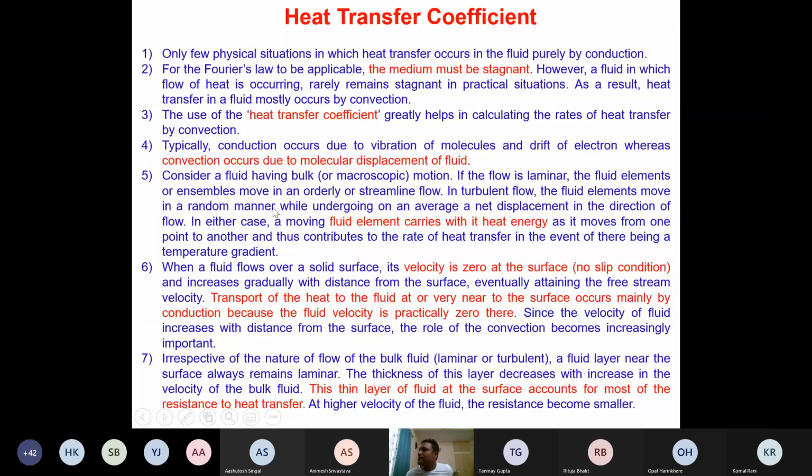But in both cases, the fluid element which carries heat energy moves from one point in the medium to another, and this contributes to the rate of heat transfer if there is a temperature gradient between the two points. The movement of this fluid particle leads to heat transfer because it carries the heat energy with it.